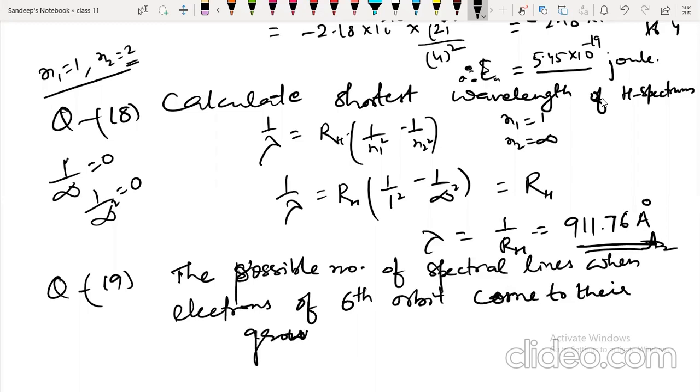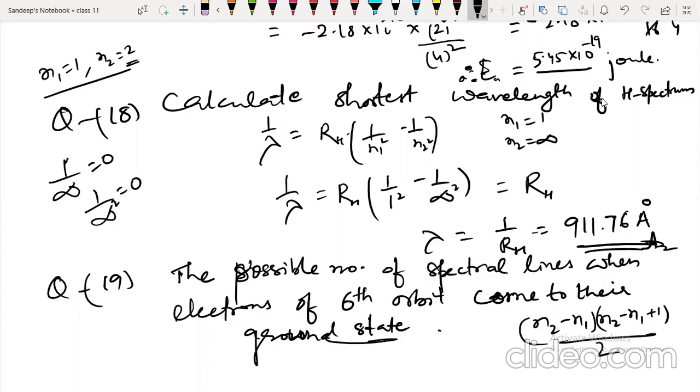Do you know the formula of this? N2 minus N1 into N2 minus N1 plus 1 by 2. If you remember this formula, if it comes directly to ground state, you can write down N into N minus 1 by 2. So this is the number of spectral lines. So this formula, if you use, then it will help you.